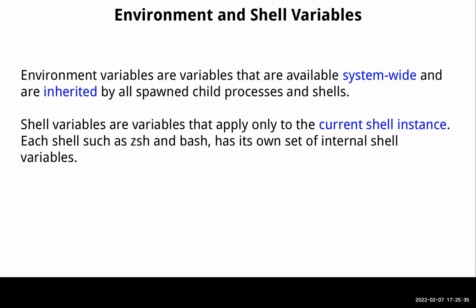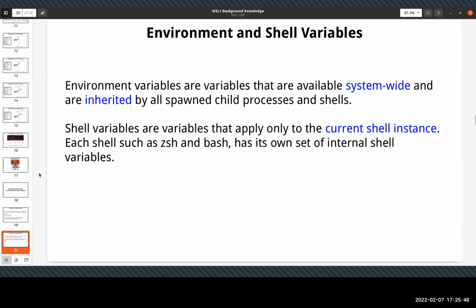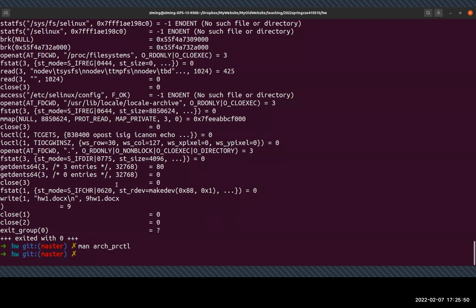There are also shell variables. Those are variables only applied to the current shell instance. Shell means, for example, the sh you are using, the bash you are using, or I always use zsh. So the shell I'm using here is called zsh. It looks better than plain bash.